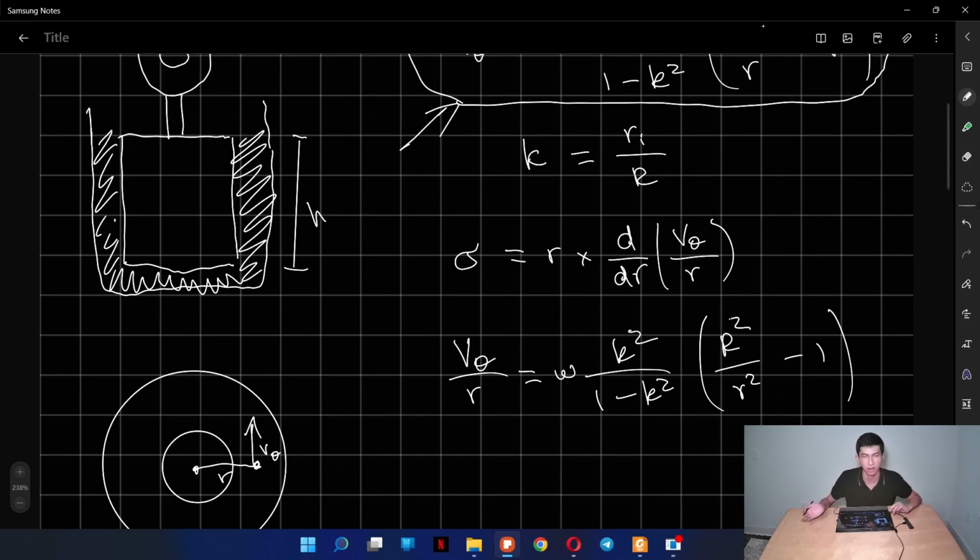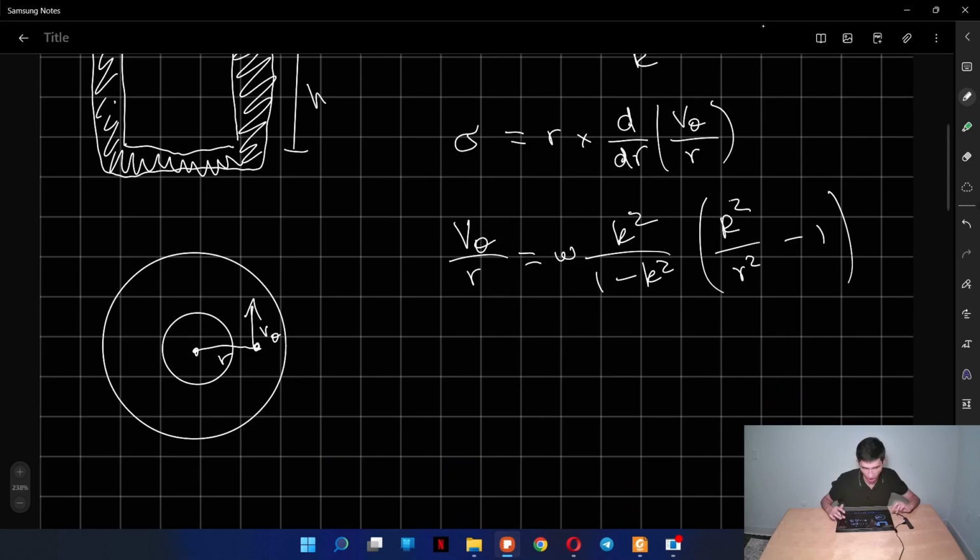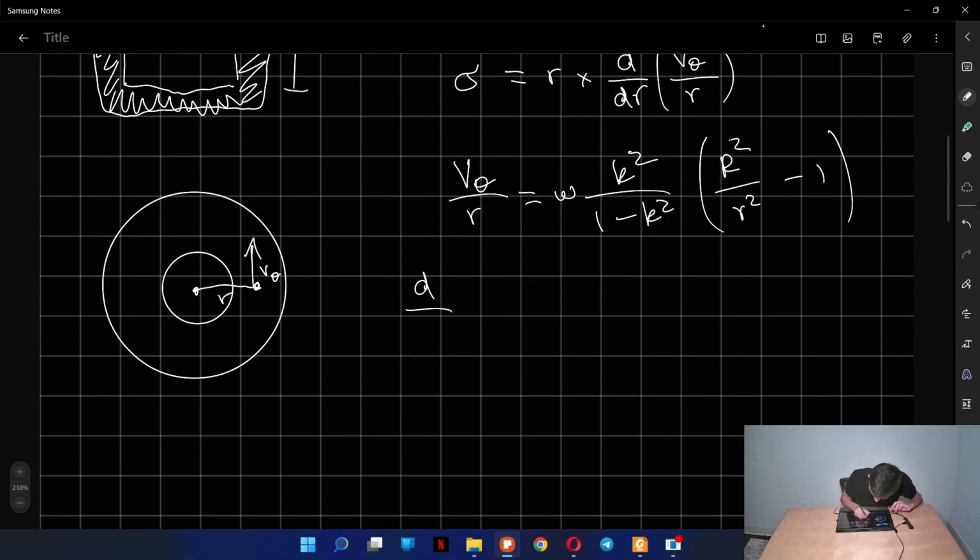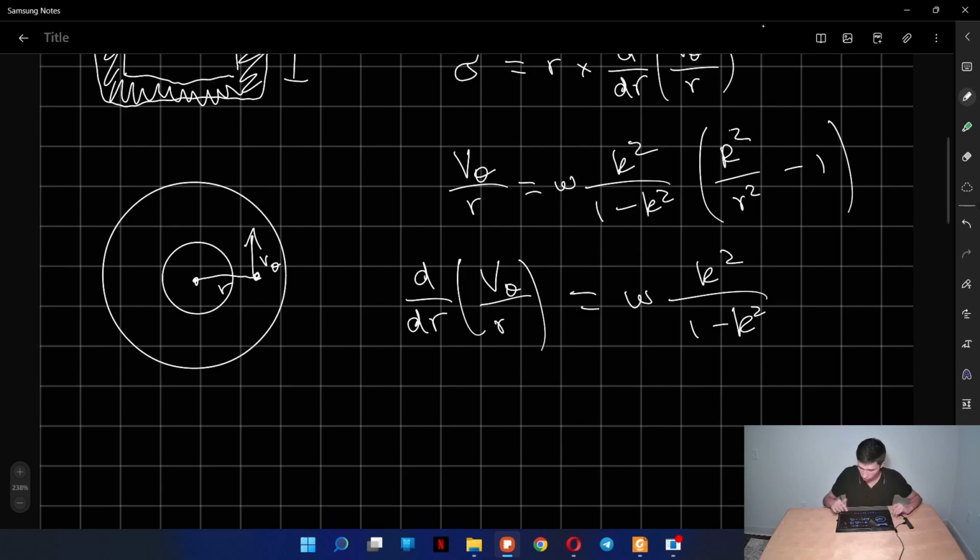Now let's take a derivative of both sides with respect to r. Omega k squared is a constant, and for the small r, taking the derivative with respect to r squared, we get negative 2 over r cubed.